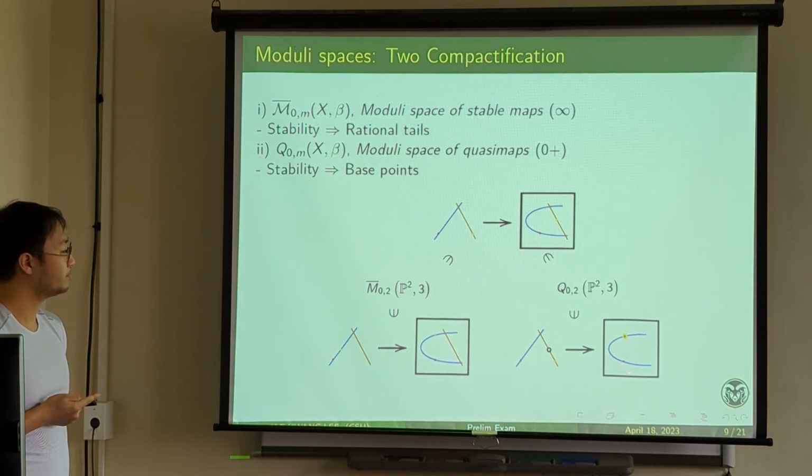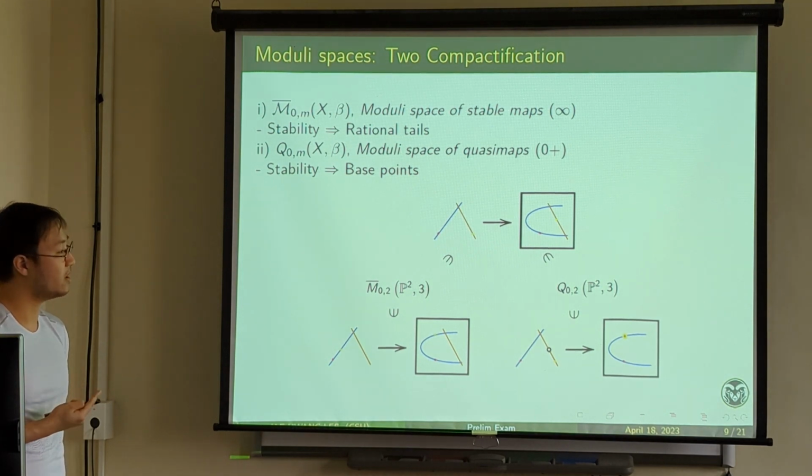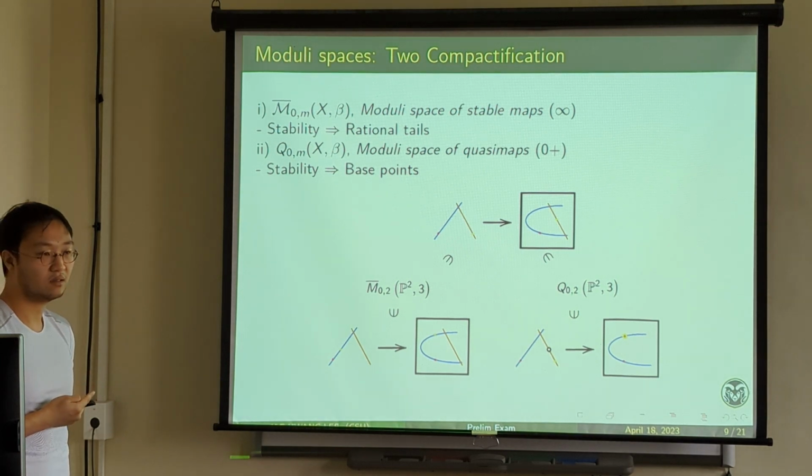And this is an example of a Quasimap. In fact, a Quasimap parameterizes not maps, but sections. In this case, sections can have a common factor. And when we have a common factor of sections, we have points where the map is not defined, like a rational map. That is called a base point.